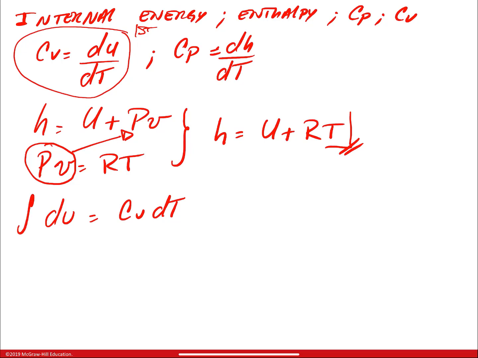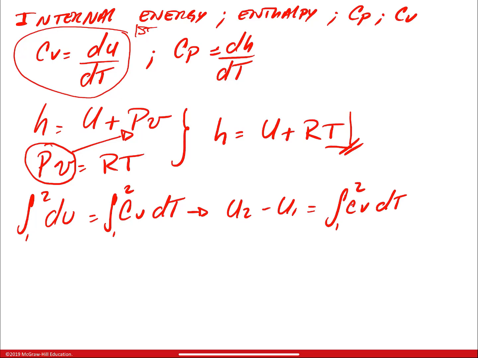If I integrate on both sides from 1 to 2, then I'm gonna get u2 minus u1 equals the integral of CV dt.